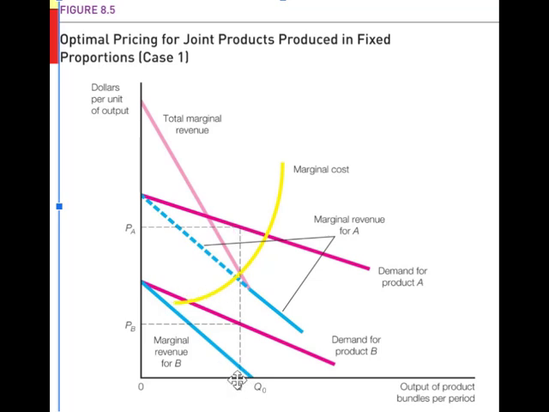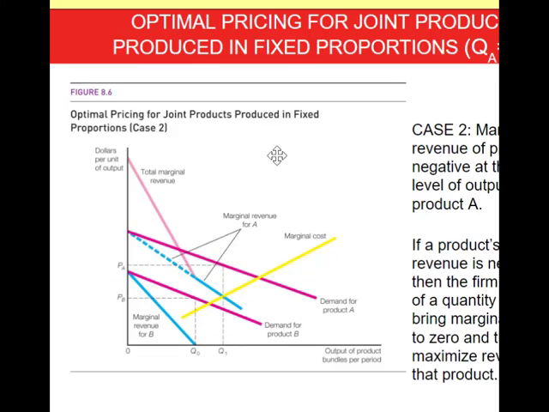And again, remember that when Q is the optimal, profit maximizing quantity, marginal revenue for both products should be positive or at least 0. Consider the case in figure 8.6B, where the intersection occurs here and Q1 is the optimal output.